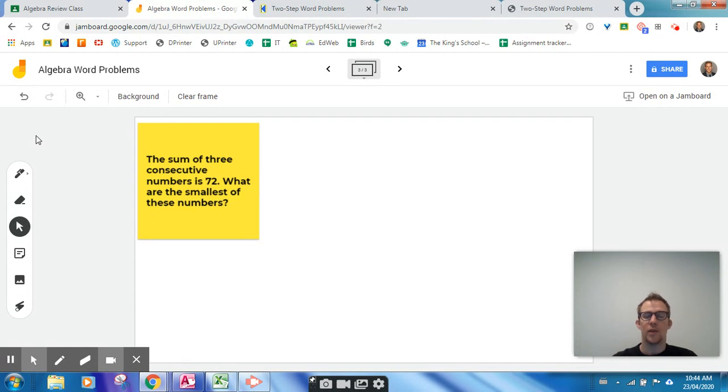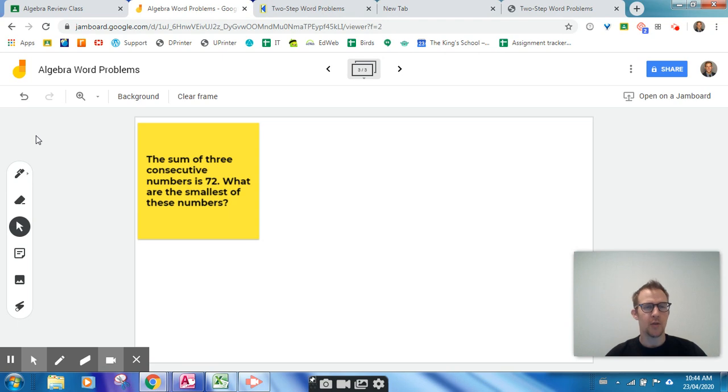Okay, so on this problem here, this is a type of word problem that can seem really tricky, but once you learn how to solve it, I think it's actually a little bit fun to solve these types of problems. So the sum of 3 consecutive numbers is 72. What is the smallest of these numbers?